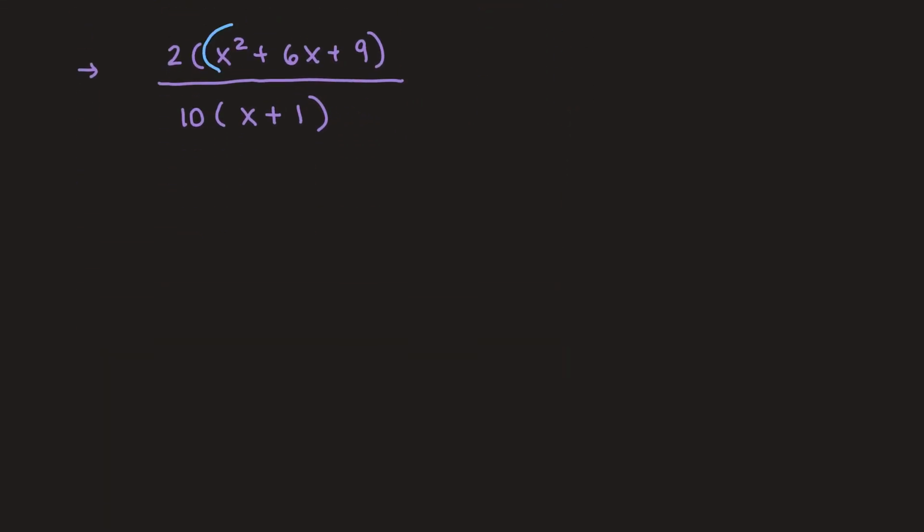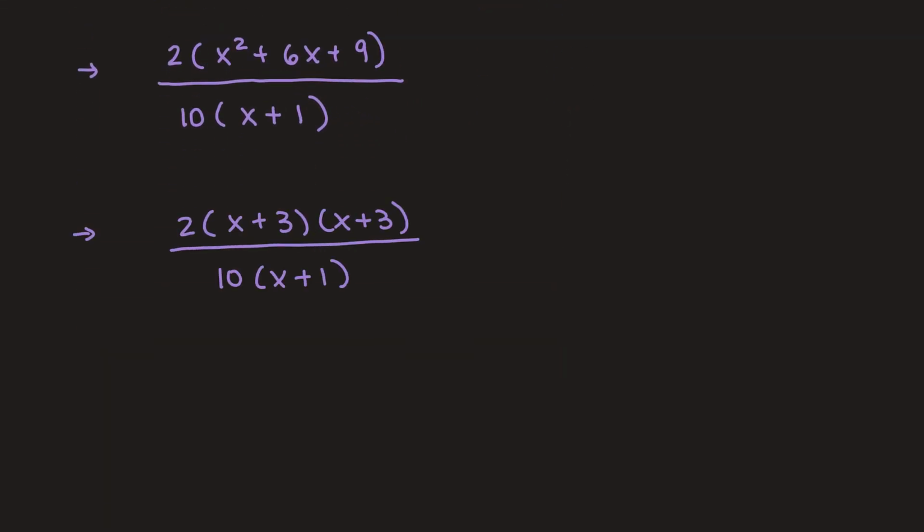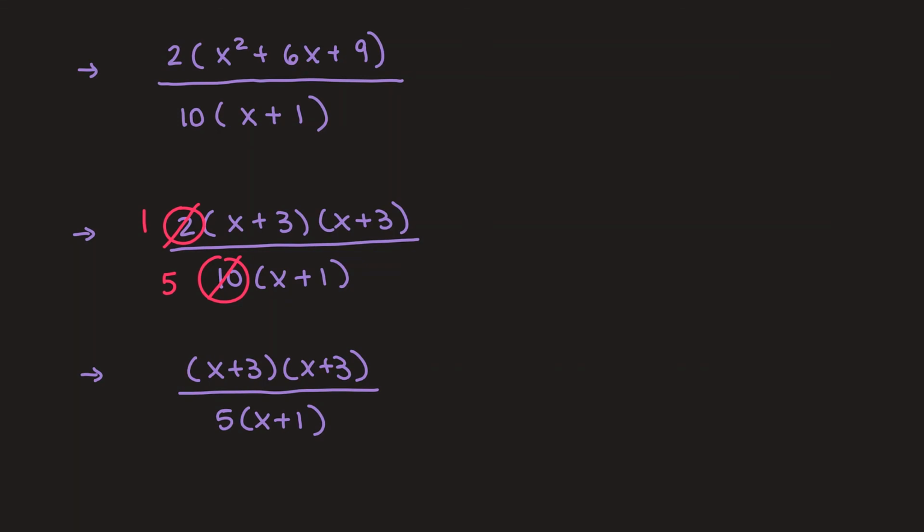We can now factor this trinomial, and we can divide out a common factor of 2 between 2 and 10. So our final answer is x plus 3 times x plus 3 over 5 times x plus 1, which is the same as x plus 3 quantity squared over 5 times x plus 1.